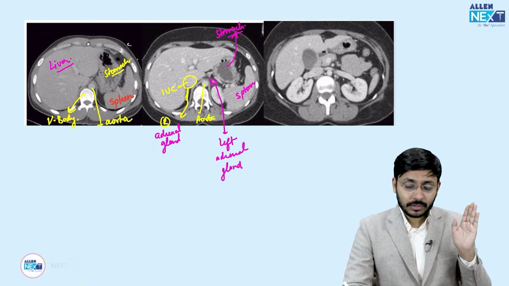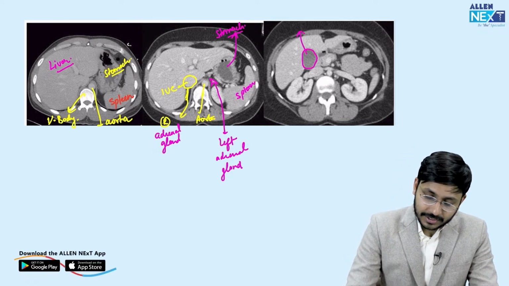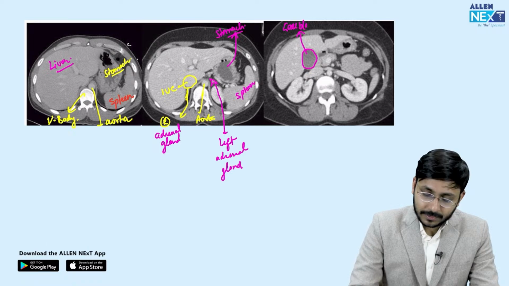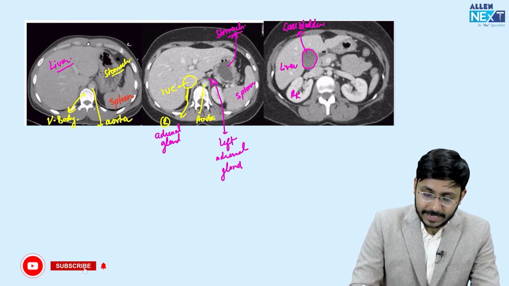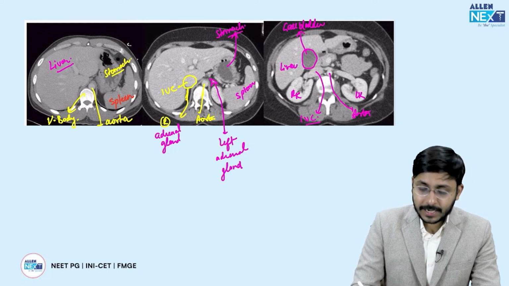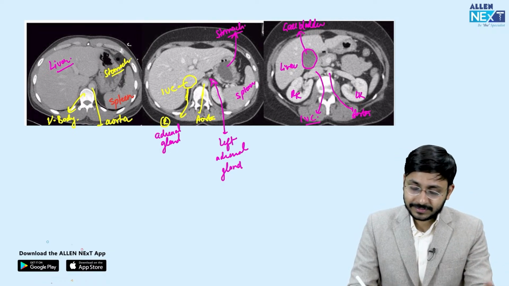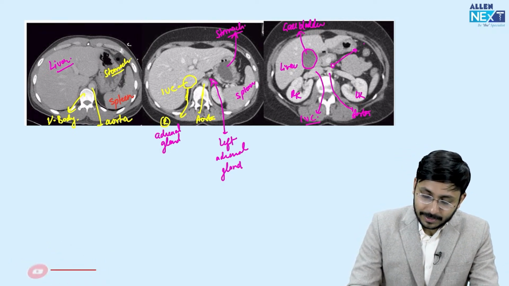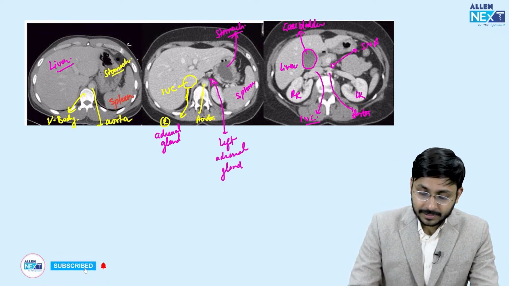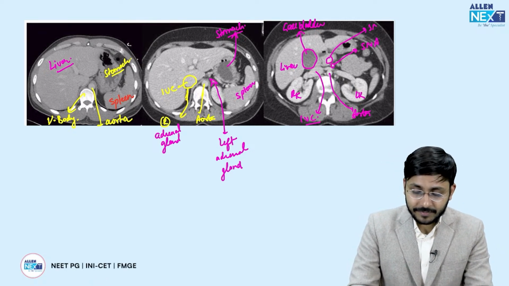Likewise, moving on to the third image, we see that this cystic structure is the gallbladder. We've already labeled the liver, the right kidney, the left kidney, the aorta, the IVC. Anterior to the aorta, we have two important vessels. On the left, we label it as SMA, and on the right, just adjacent to the SMA, we have the SMV.